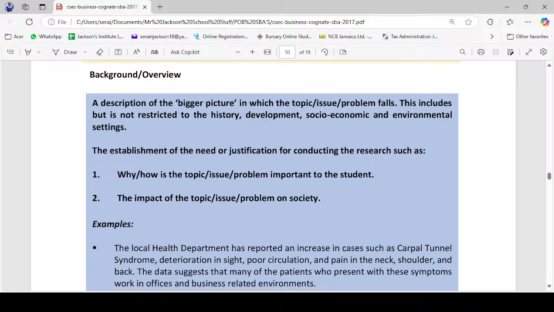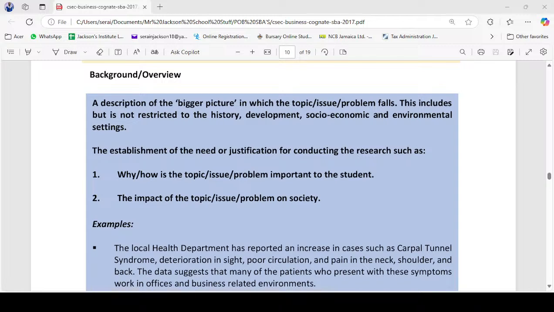So the establishment of the need or justification for conducting the research as to why or how, right, is the topic or the problem important to you, the student. The impact of the problem or the issue or the topic on the society. Those are two important things that you have to ensure that are there, right? You want to ensure that it is there.